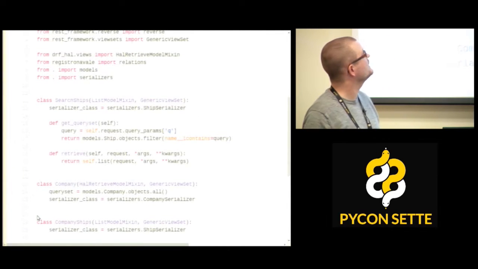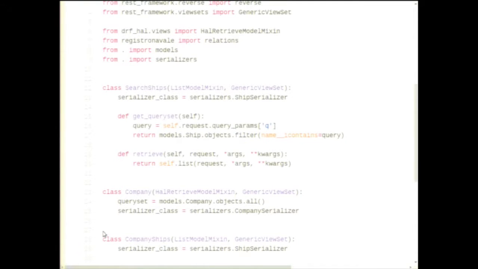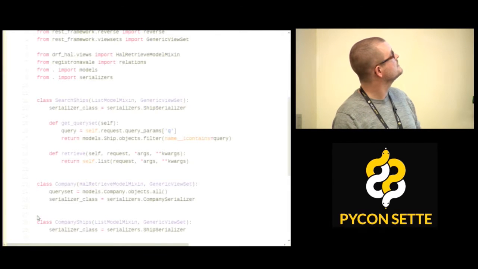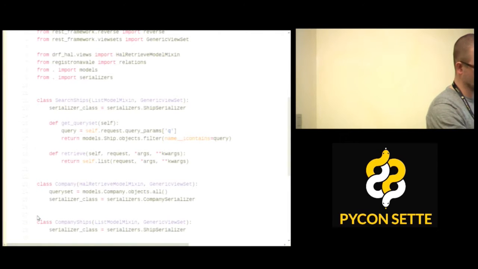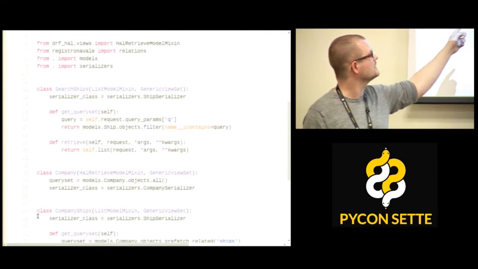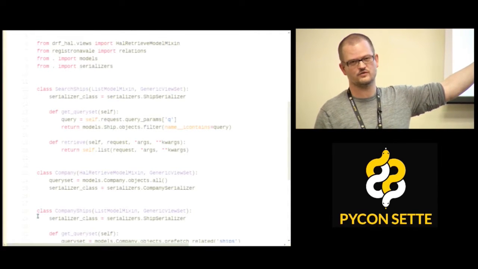And views define the URI endpoint, and then which query sets are used to find the information that will be passed to the API. In this case, search ships is a bit of a difficult one, so let's start with company. It's very basic. It just says, okay, look, these are the companies that you can choose from.